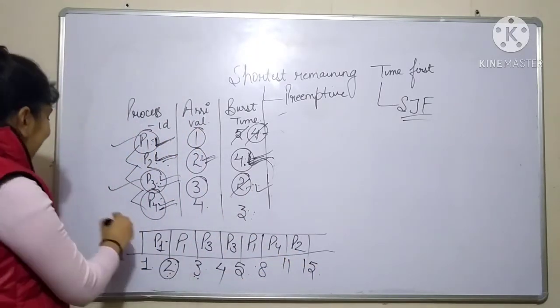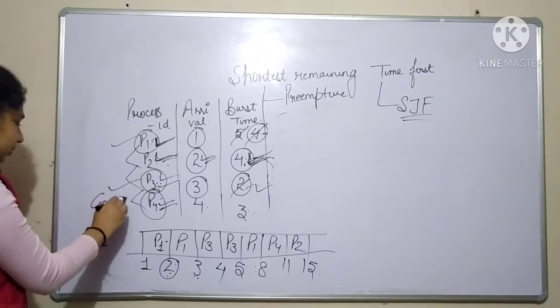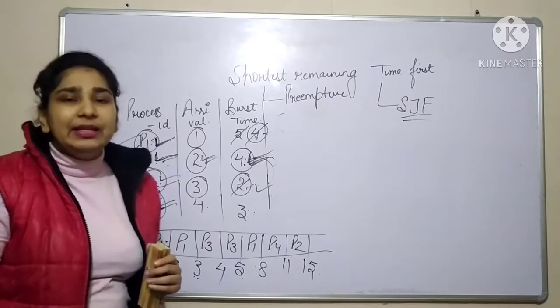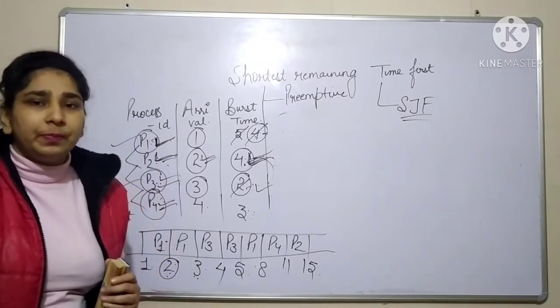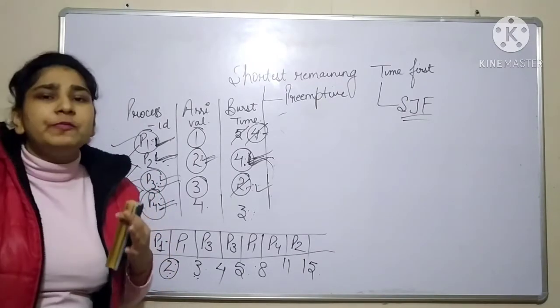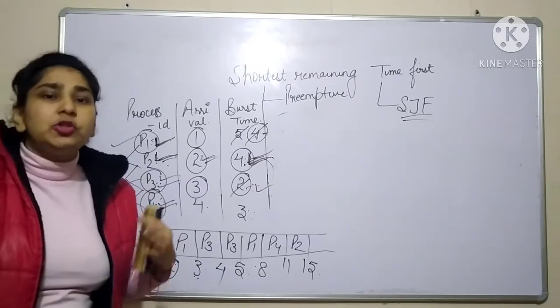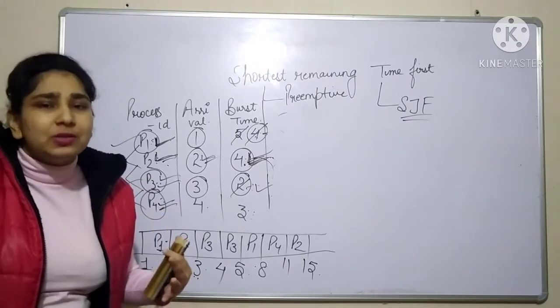So this is actually our Gantt chart. This is how shortest remaining time first works. In the middle of the execution of a process, you can stop executing it.